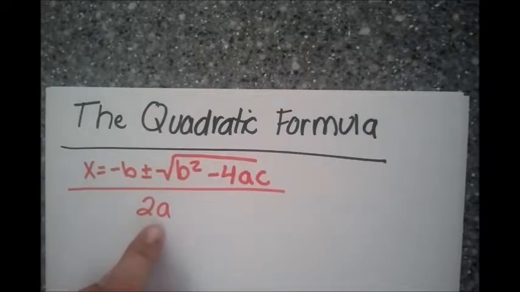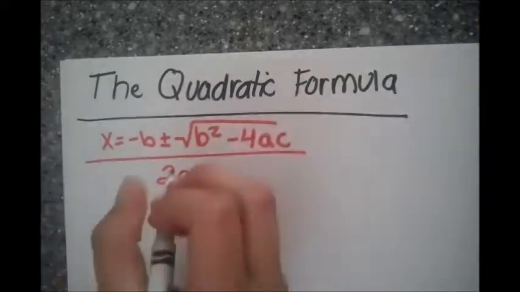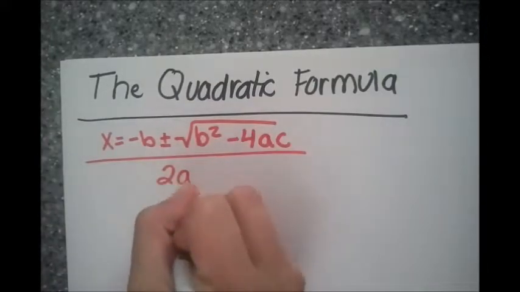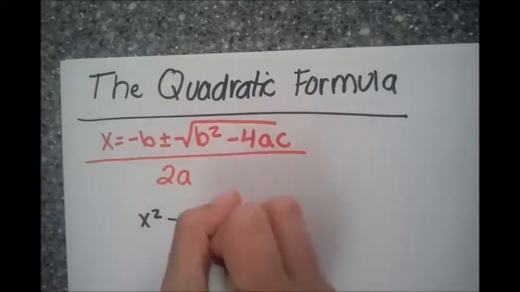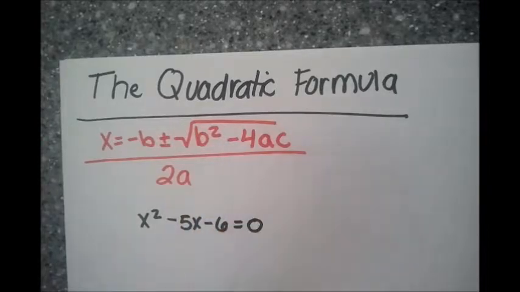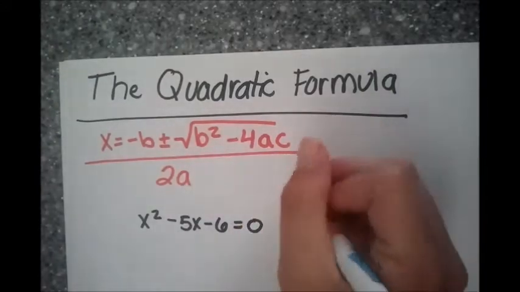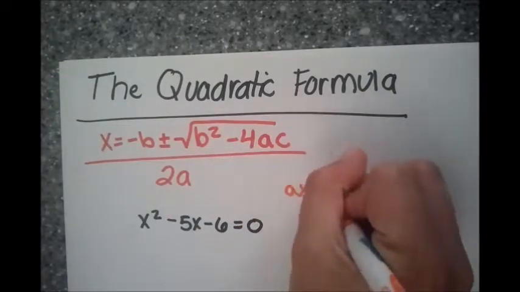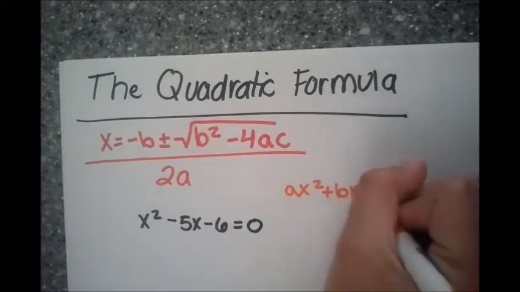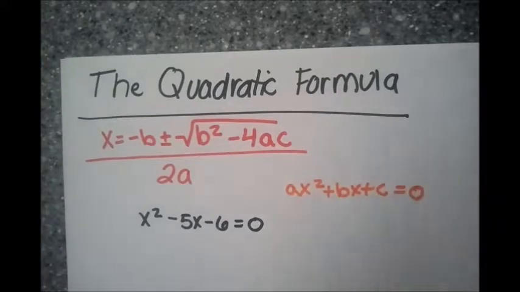An example would be x squared minus 5x minus 6 equals 0. How do you know which one is a, b, and c? The equation is ax squared plus bx plus c equals 0.